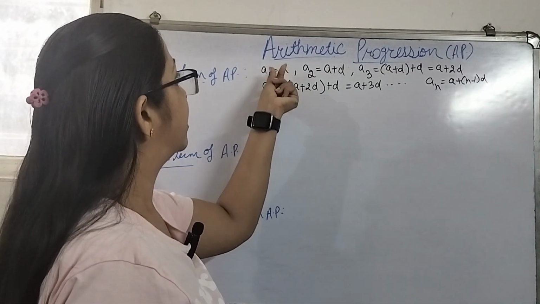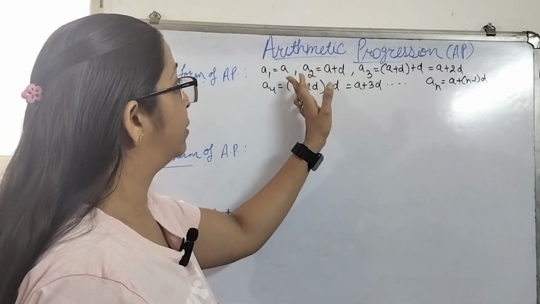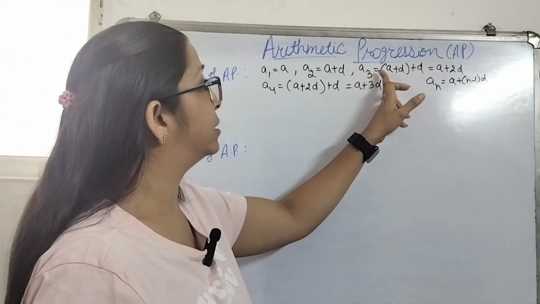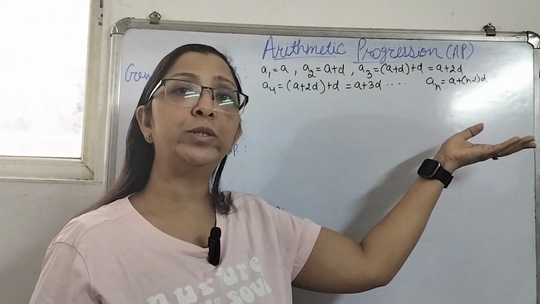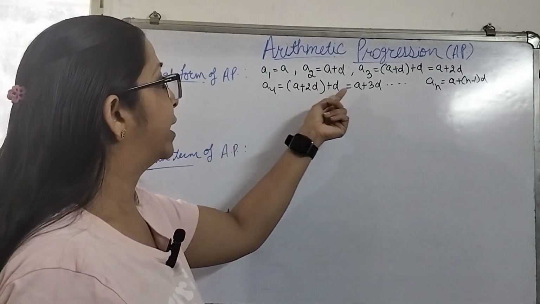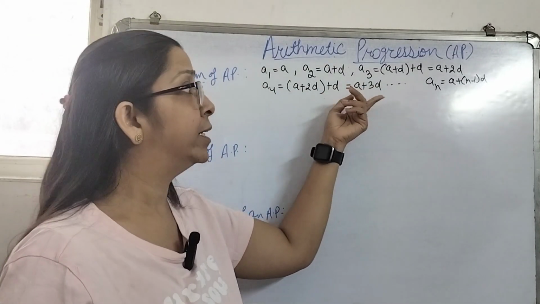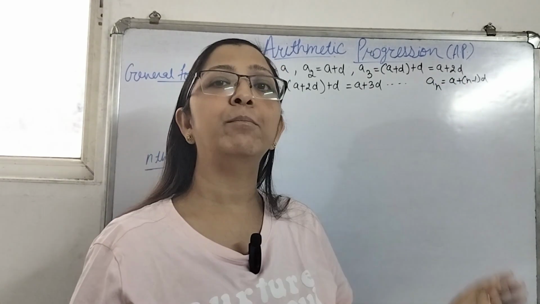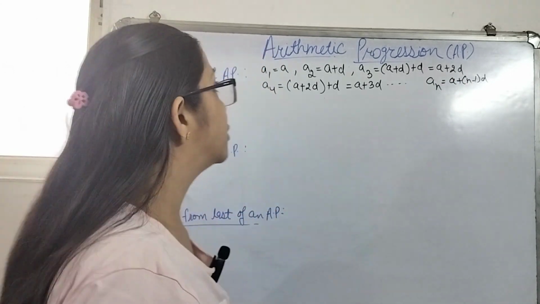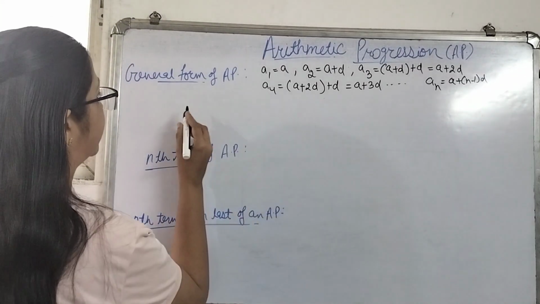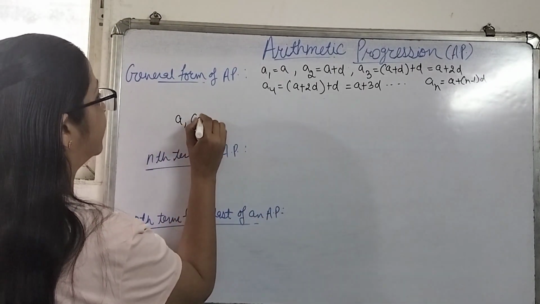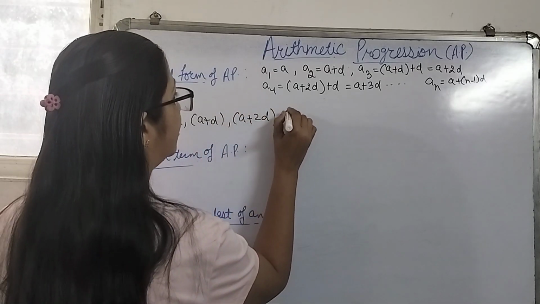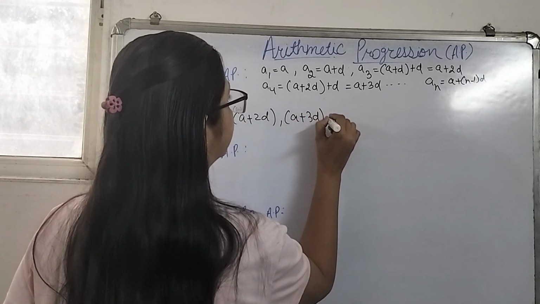In the first term, it was simply A. In the second term, A was added with 1 time D. In the third term, A was added with 2 times D. In the fourth term, A was added with 3 times D. That means if it is the nth term, it will be A plus n minus 1 times D. So we can say the general form of an AP is A, that is your first term, then your second term, then your third term, fourth term, like this.